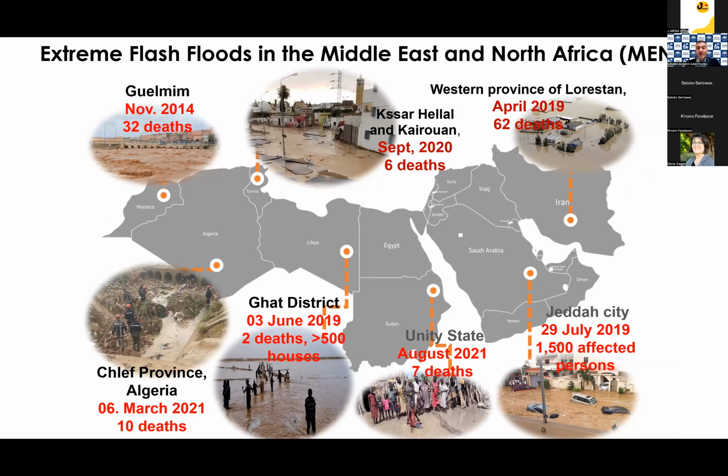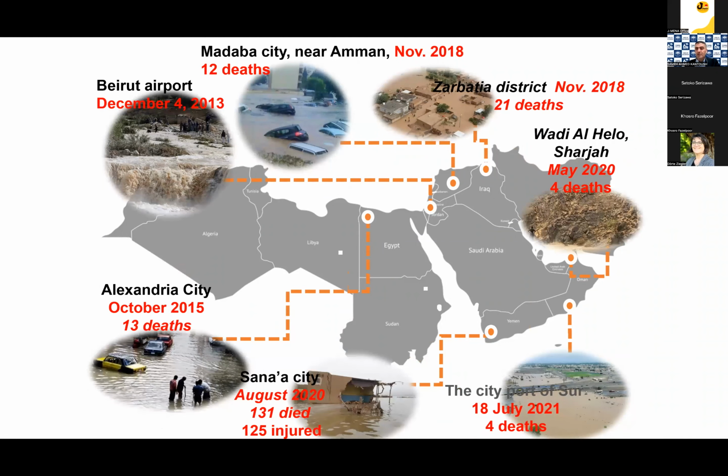There are frequent floods in many different areas with high loss of life and high economic damages, as you can see in Morocco, Tunisia, Libya, Algeria, Sudan, Egypt, and many other parts, Iran, Saudi Arabia, and also later on UAE, Yemen, and Oman. It has been severely hit for almost 20 years, with very high frequency and very high intensity of rainfall, flooding and disaster.